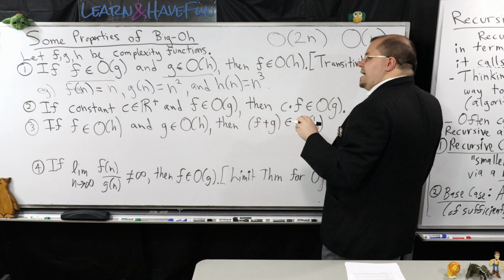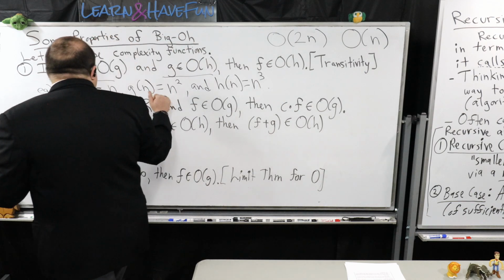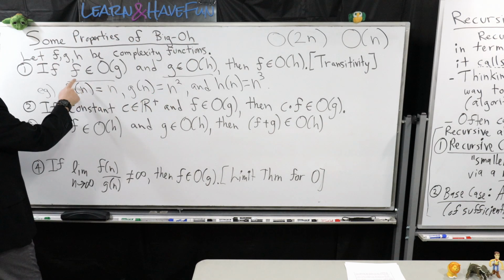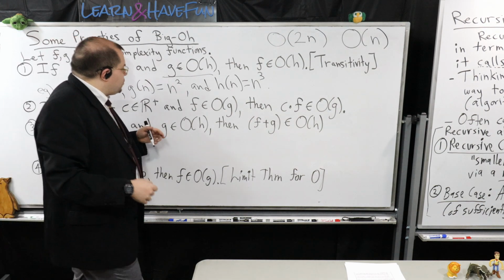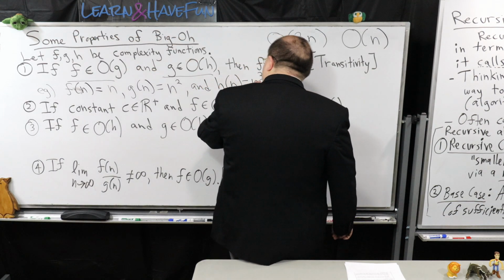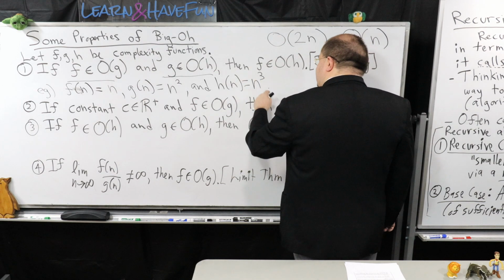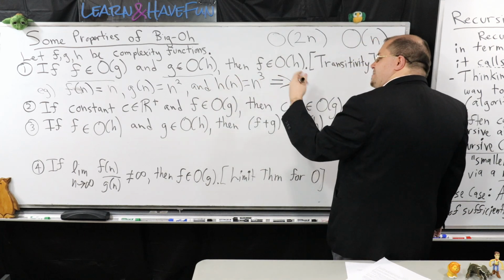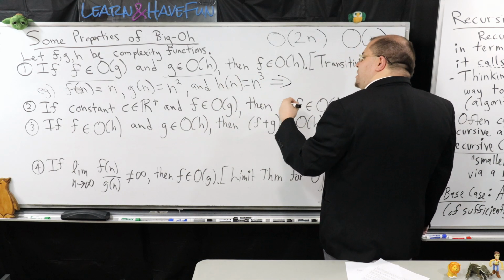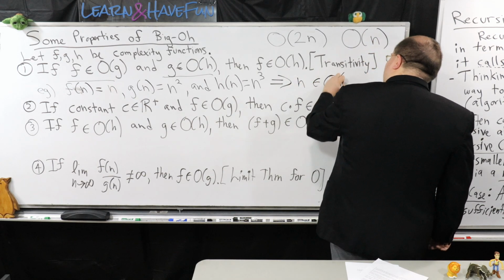You can prove that f is big O of g here because n is big O of n squared. Likewise, you could prove that n squared is big O of n cubed, right? So what this transitive property is saying is that, given these three functions, you can conclude that n is big O of n cubed.